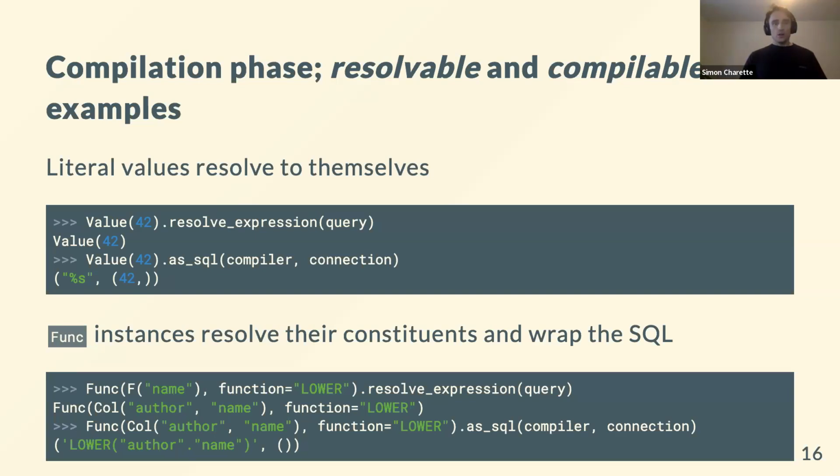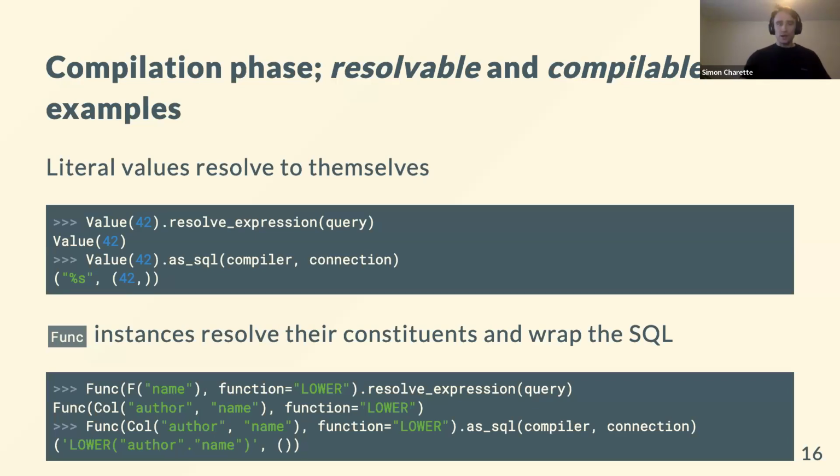If you resolve 42 in the context of a query, it doesn't change anything, because it's not tied to any table. It's just a literal value. If you compile it, though, you get back the placeholder and the parameter, as we've seen.